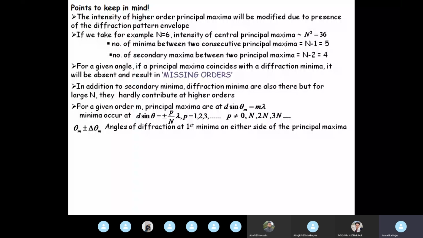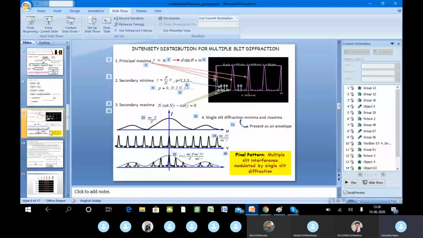Okay, so what am I talking about? Let me go back to this slide. Okay, so this is theta m. Let us say this is theta m for a particular order principal maximum. So first minima occurs here. So let us call this first minima angle to be theta m plus delta theta m.